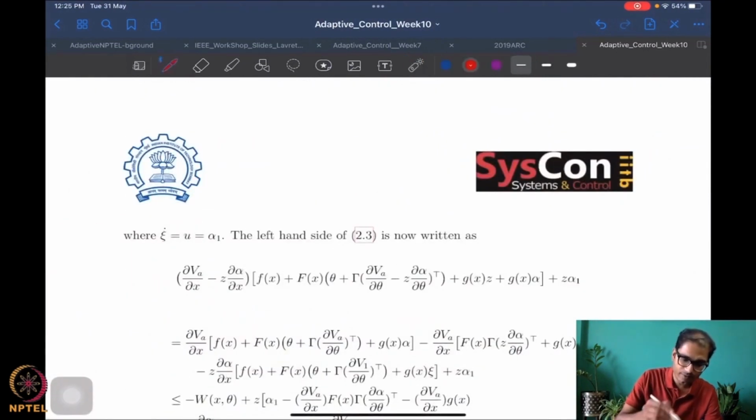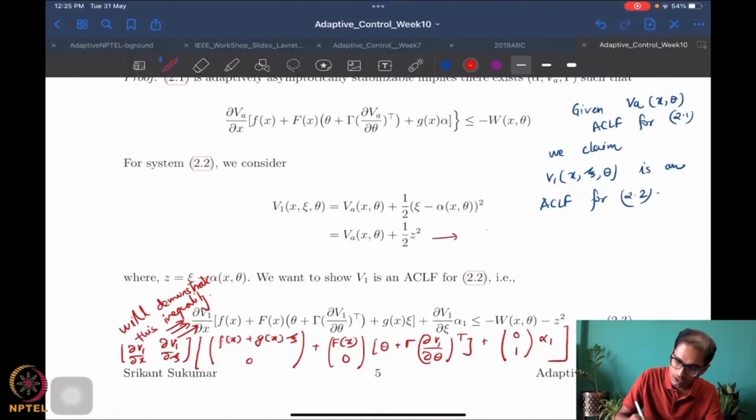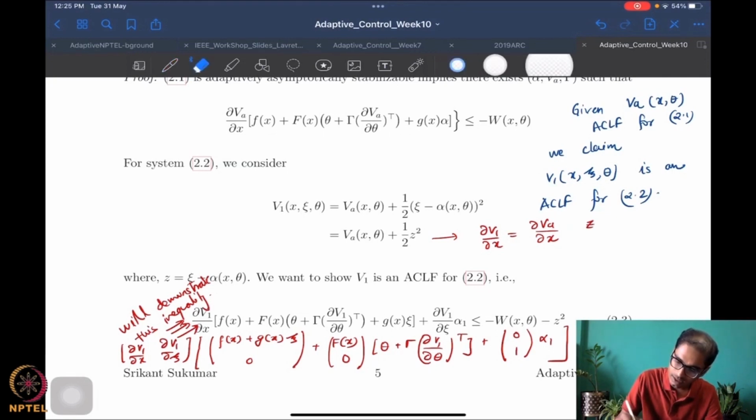So if you look at this expression here, from here you can write del v1 del x is basically del va del x, minus z times del alpha del x.